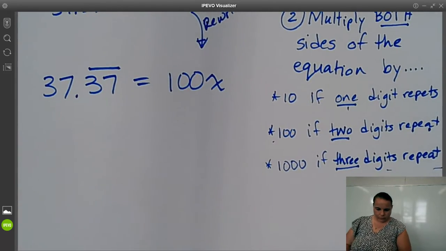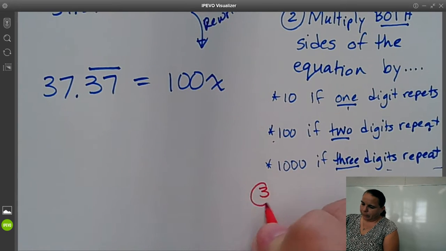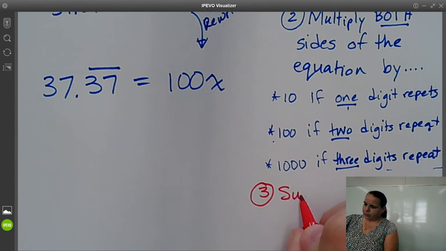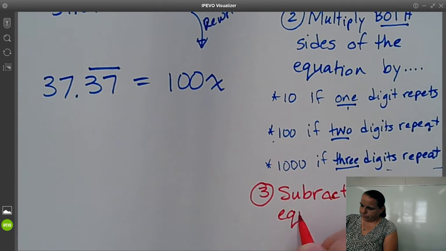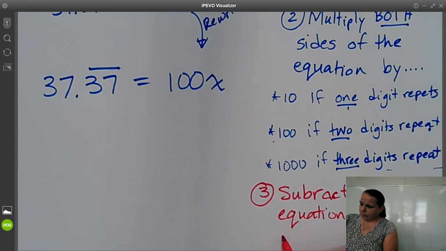Okay. So step 3. Now this is kind of like a system of equations. It's a little bit advanced, but we're going to subtract the equation from step 1.